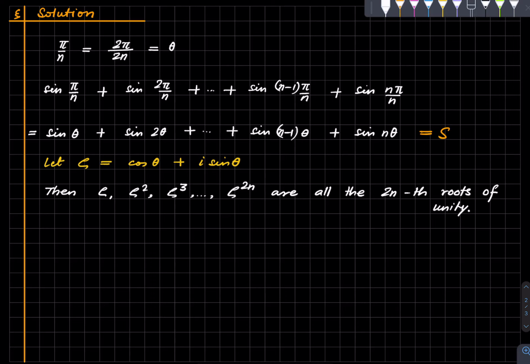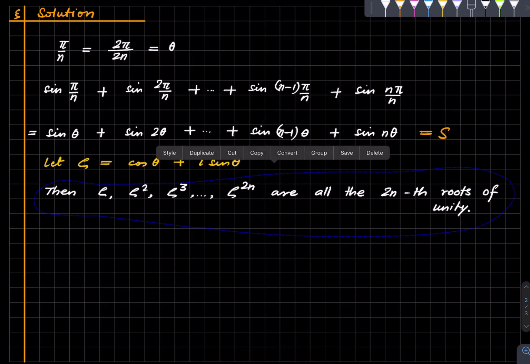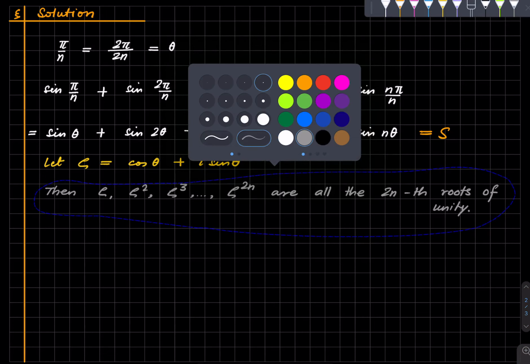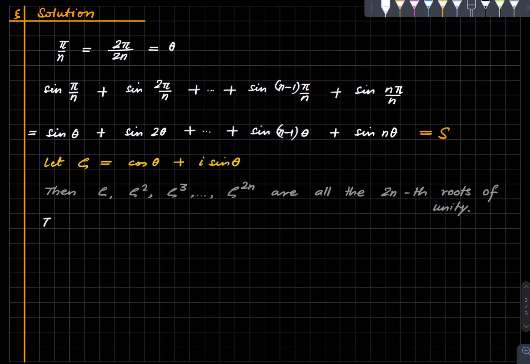So thus, S is equal to the imaginary part of zeta plus the imaginary part of zeta square plus dot dot dot the imaginary part of zeta to the n, right?